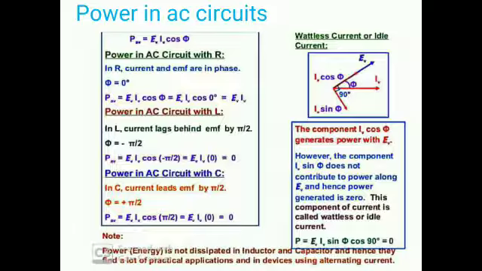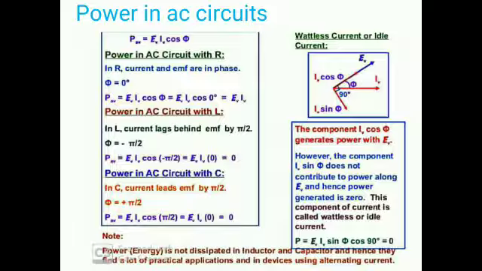Now consider power in a pure resistive circuit. In this case, the current and applied EMF are in phase with each other and given by E is equal to E naught sin omega t and I is equal to I naught sin omega t. The phase difference is 0.